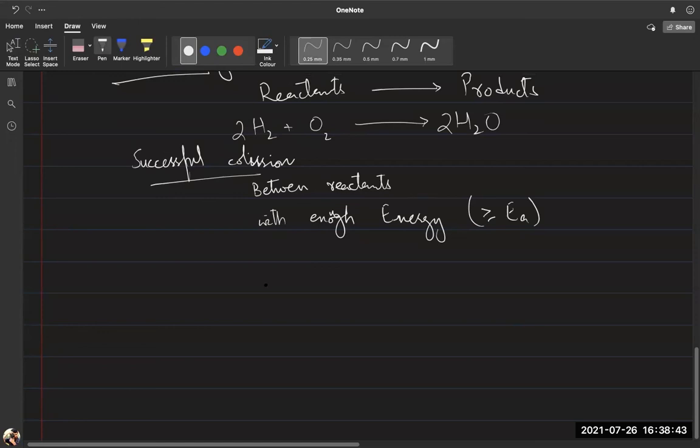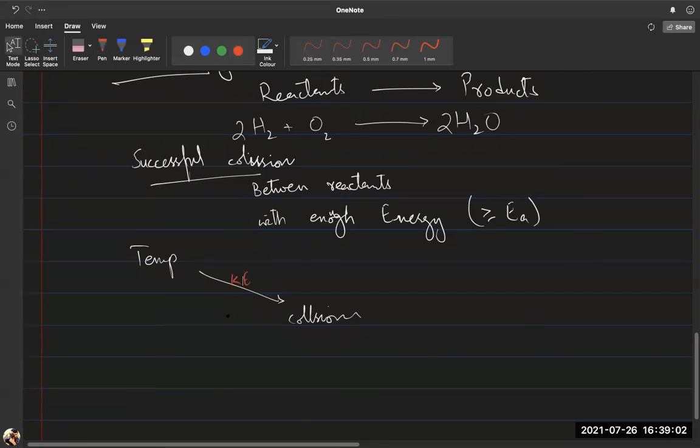So what factors affect it? All of it has to be explained with collision. The first thing is temperature. What does temperature do to collisions? Here's the thing. Temperature gives particles kinetic energy.